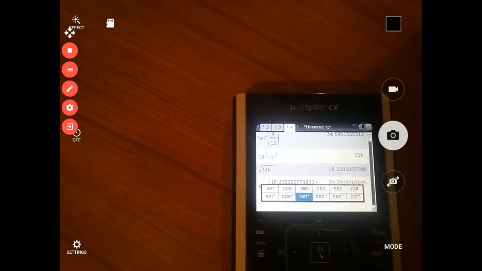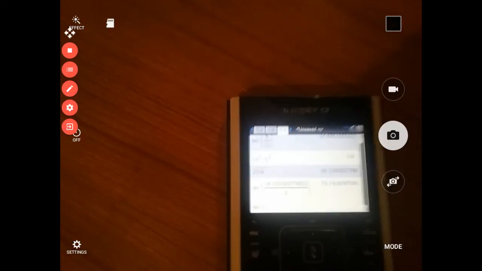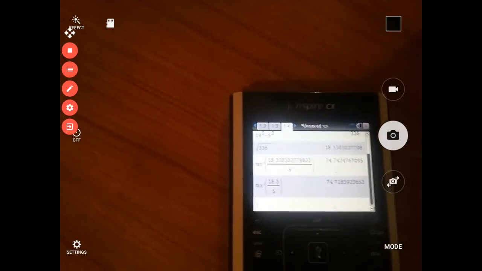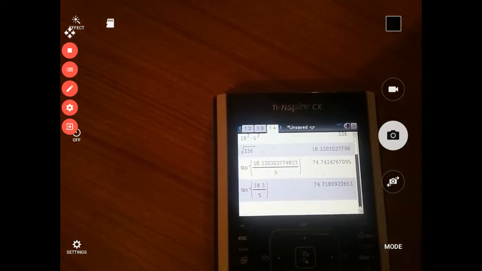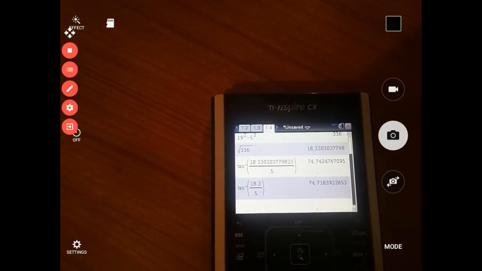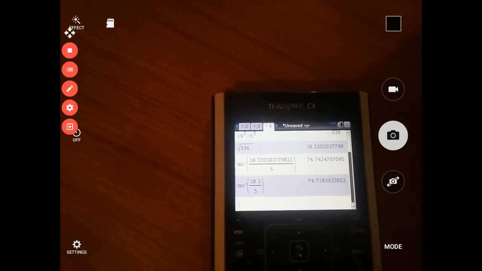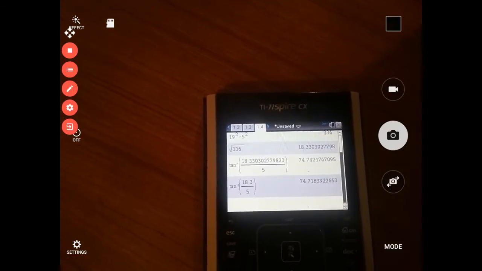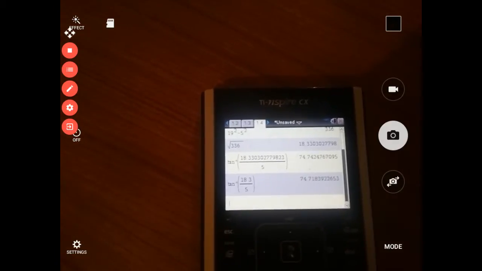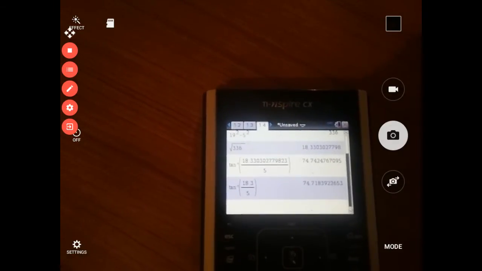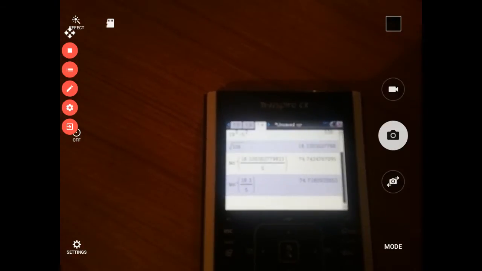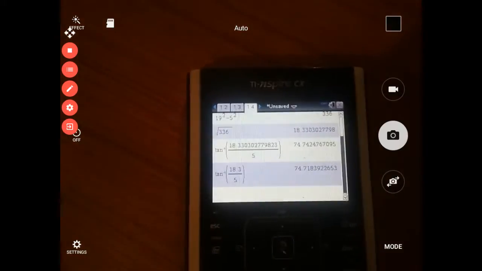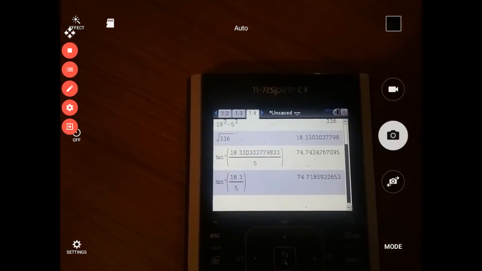So we can try it without that, so just 18.3 divided by 5. Okay, and look at the difference. One is 74.74, the other is 74.71. The difference in the decimals is important, because what would happen if I wanted to round accurately enough?